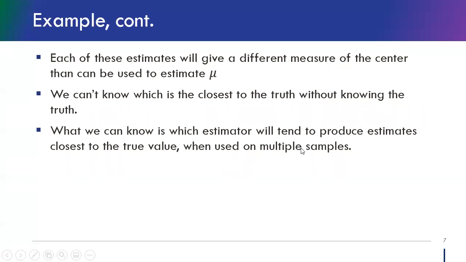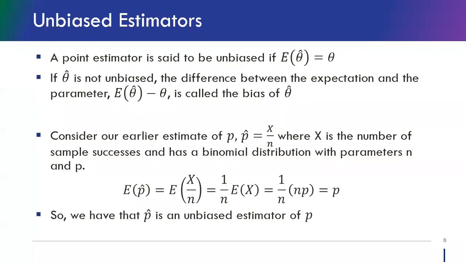For different situations, we are trying to find which estimator would tend to give us the best estimate, meaning closest to the true value. And this is one way to quantify how close this estimator is to the true population parameter, where we call it unbiased.